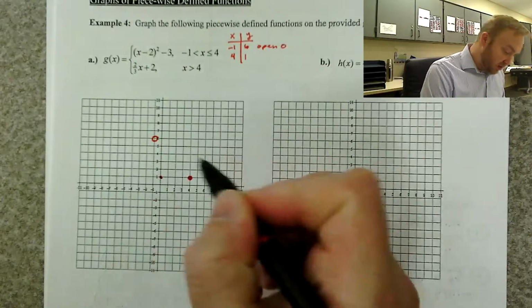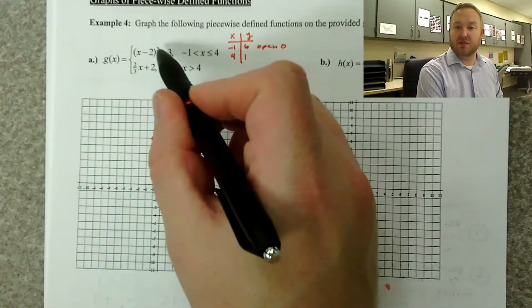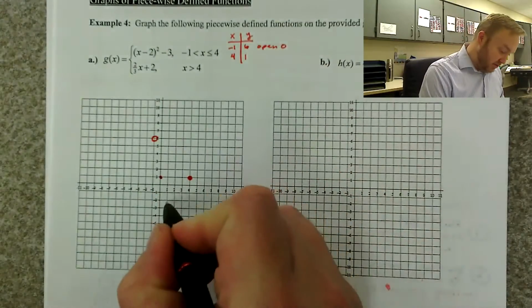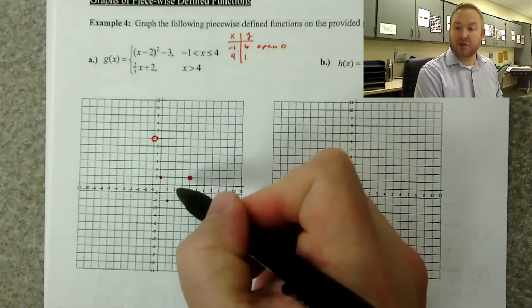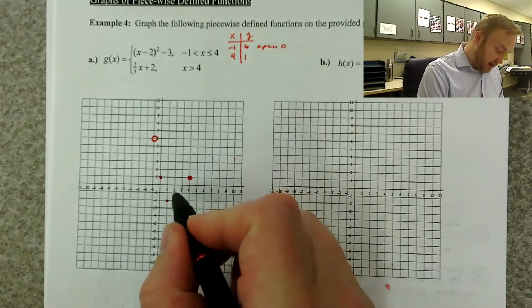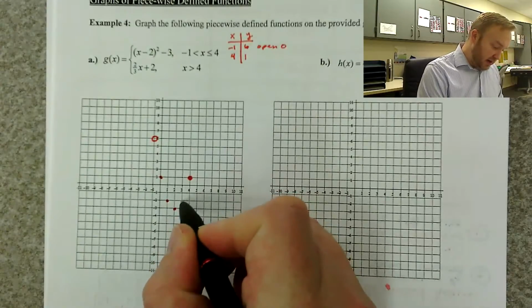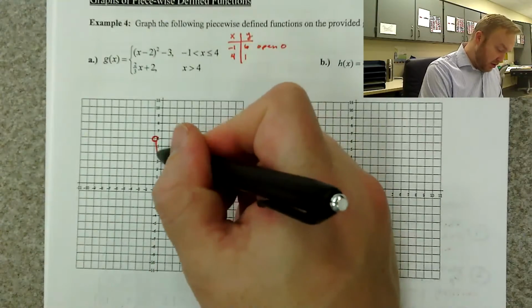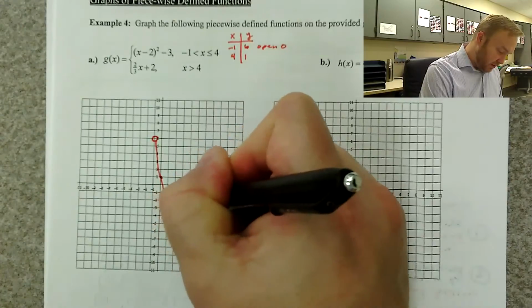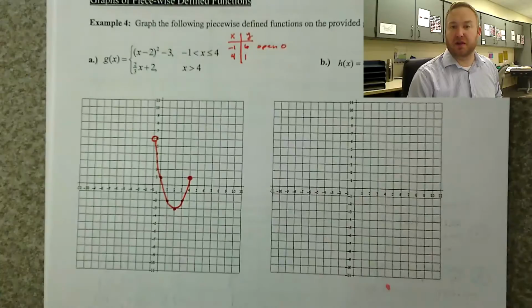So we have a point at 0, 1. If you plug in 1, you would get -1 squared is 1. 1 minus 3 is -2. So 1, -2. If you plug in 2, that would give you 0 minus 3, which is -3. If you plug in 3, you'll get -2. And now you can graph your little parabola there. So you can get those points in the middle by just plugging them in.